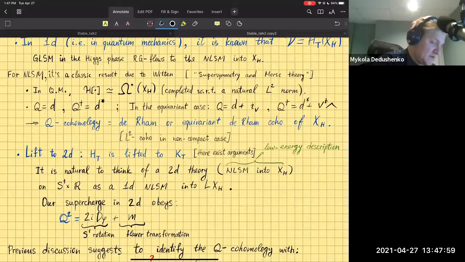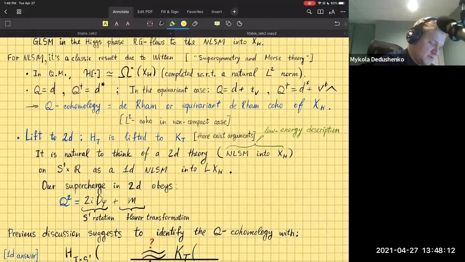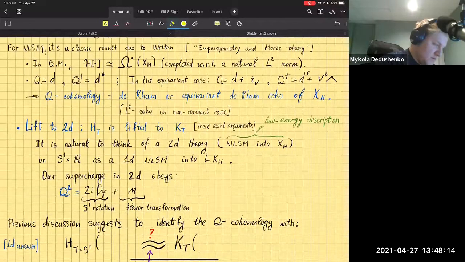So the previous discussion, namely the one in the quantum mechanical case, suggests to identify the Q cohomology with rather the equivariant cohomology of a subspace of your X, equivariant with respect to loop rotations.